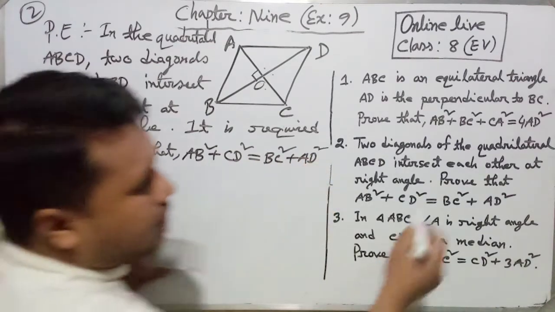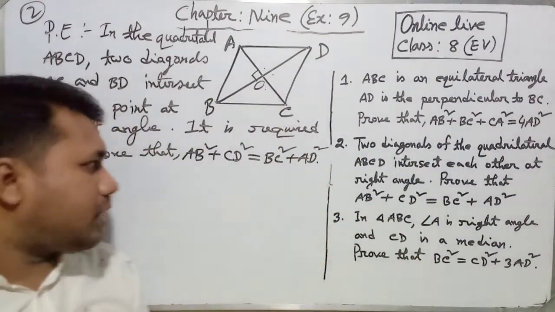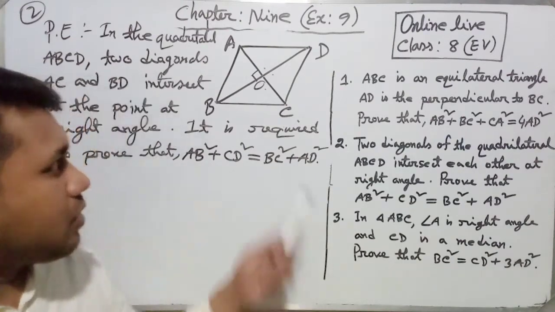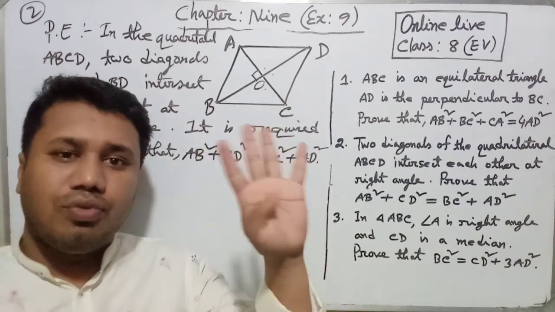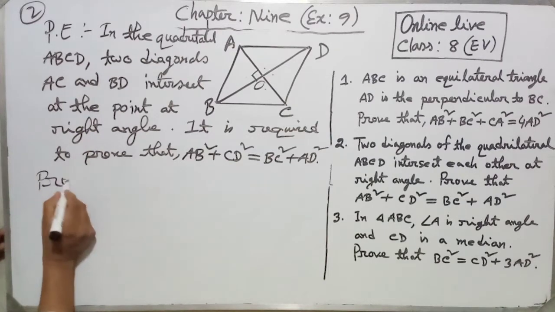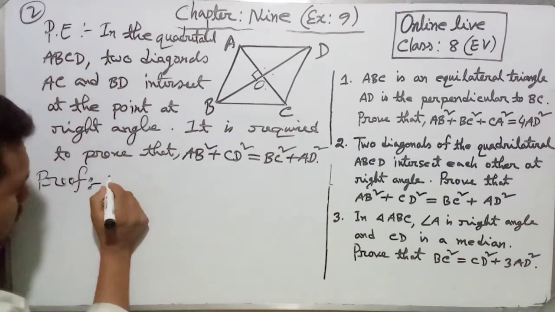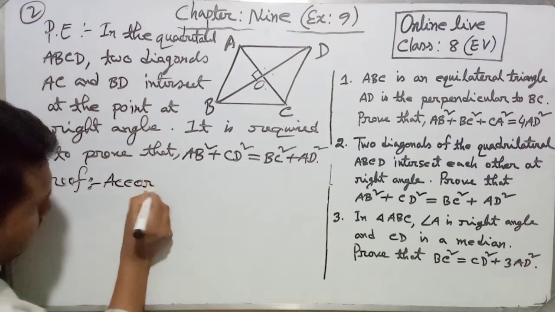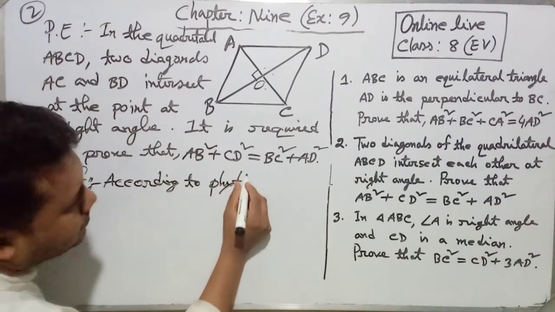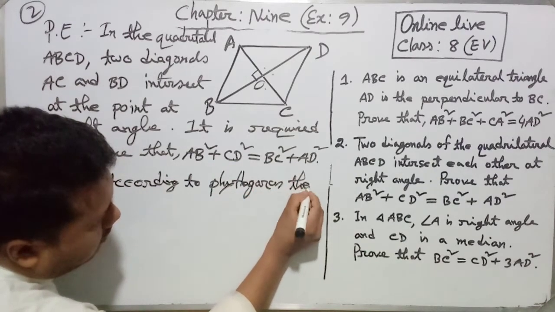Now dear students, we have to prove that AB square plus CD square equal BC square plus AD square. Now dear students, look, there are how many right angle triangles? 4 right angle triangles. So from these 4 right angle triangles, according to the Pythagoras theorem, we can write. So at first write, according to Pythagoras theorem.